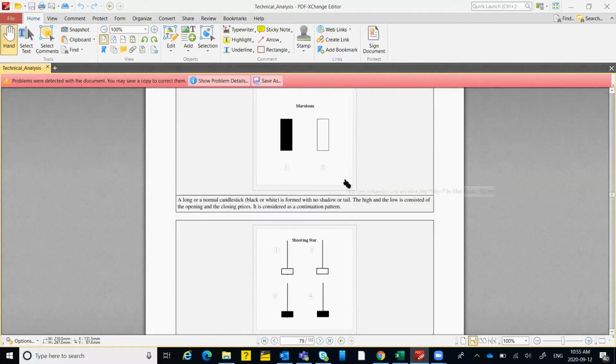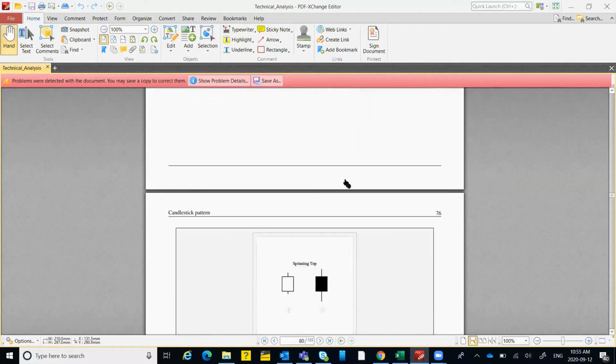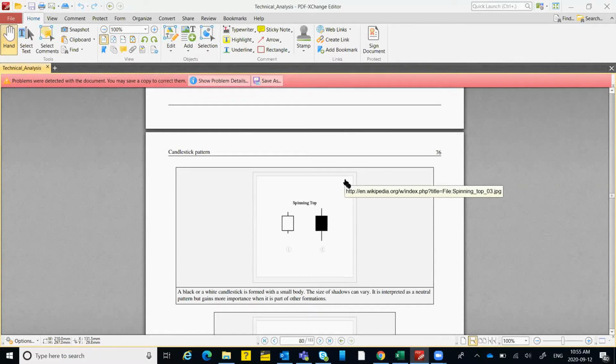So the shooting star is done. Now we'll move next to the spinning top. We'll go back to the live charts after discussing these few things and see how these candles look in actual life, because they may not look 100% similar, but they will be almost alike.